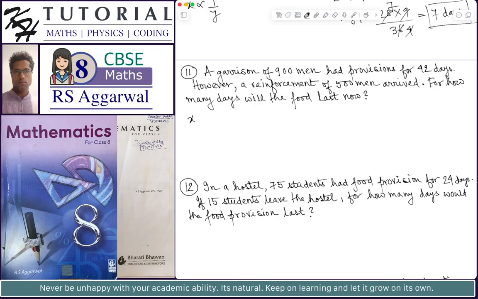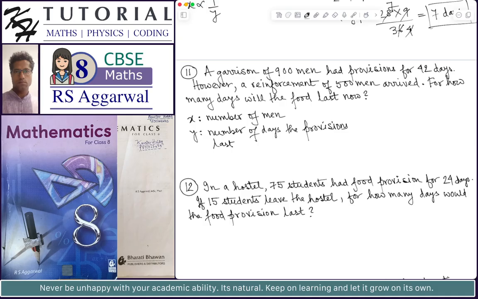So if we consider x as the number of men, and y as the number of days the provisions last, that is, the amount of food is constant.